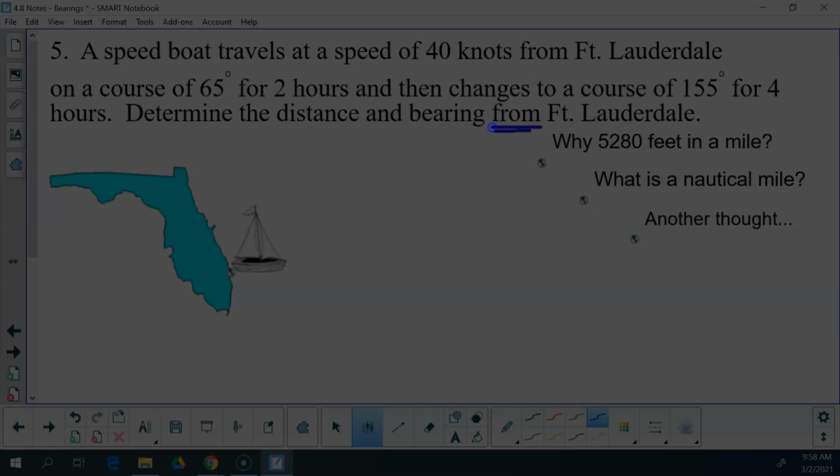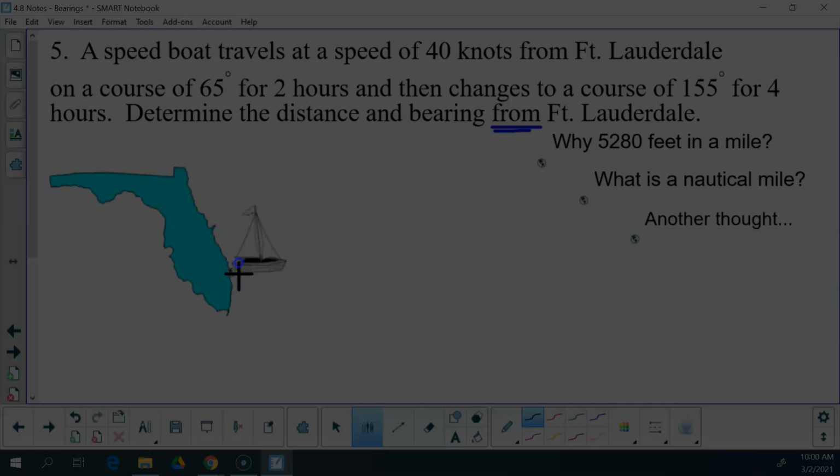That's all I want you to do right now, to see if you can figure out where that boat is. I do like the fact that I saw most of you starting out with the crosshairs on Fort Lauderdale, or roughly just right outside of Fort Lauderdale, so that you weren't on the boat. Okay? All right? So there we go.